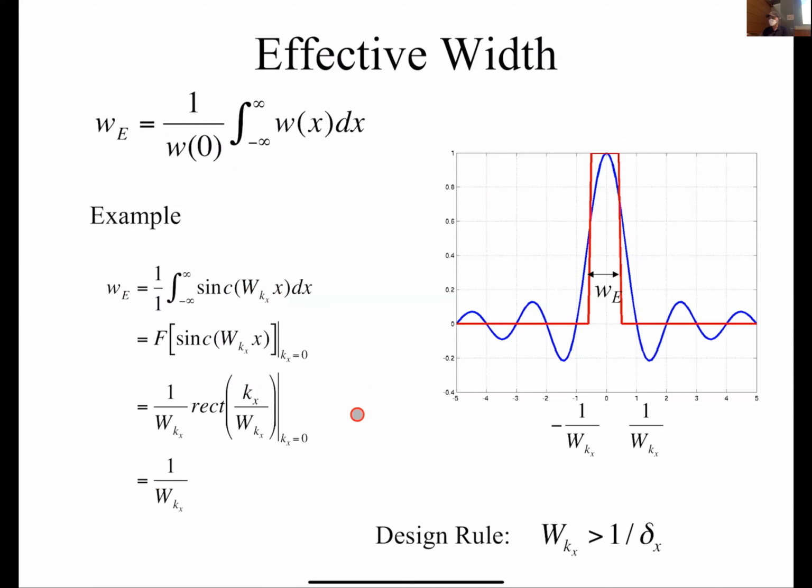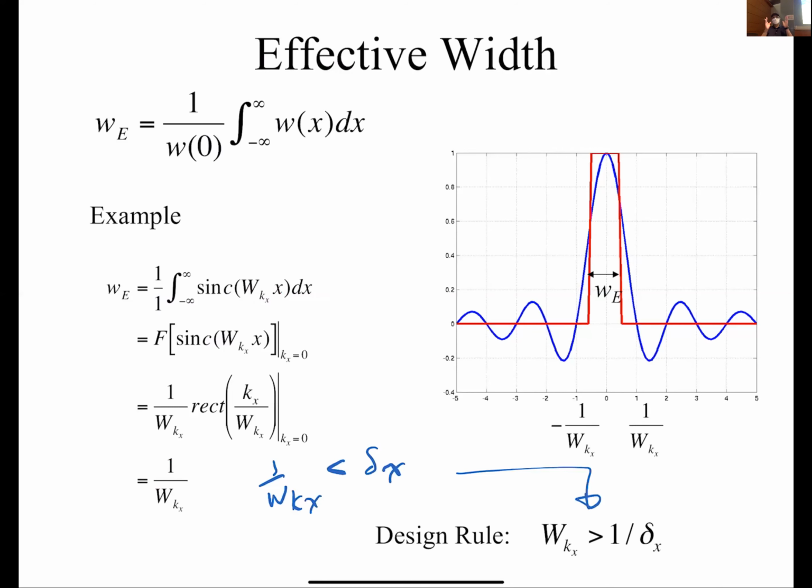So the design rule is we would like 1 over wkx, that resolution, that width, to be less than my desired resolution. And that's the same as saying that wkx should be greater than 1 over my desired resolution. So now this is the other design equation that we want.